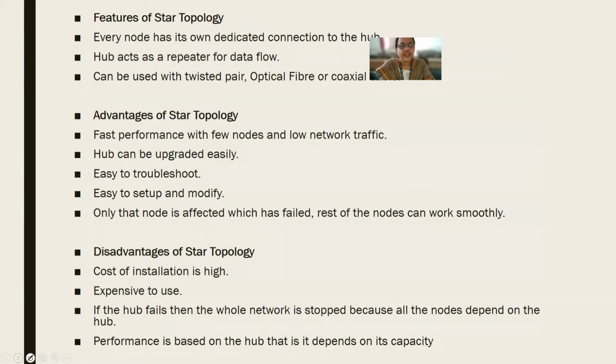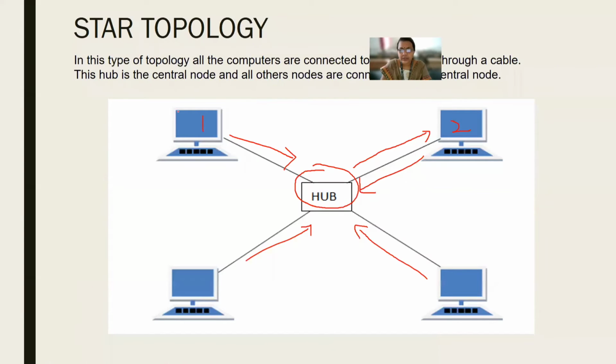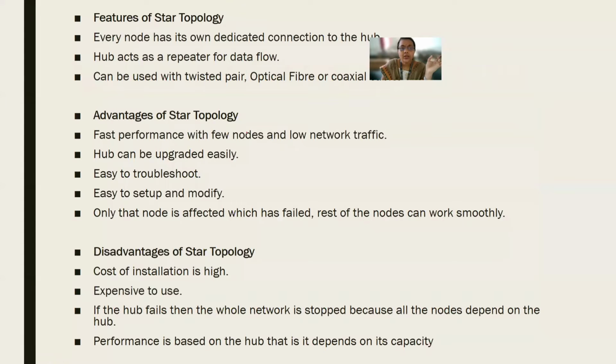And what are the features of star topology? Every node has its own connection, right? Like here, see, this connection is entirely for node 1 only. It is not connected to any other node's connector. So it is dedicated only to the particular system.